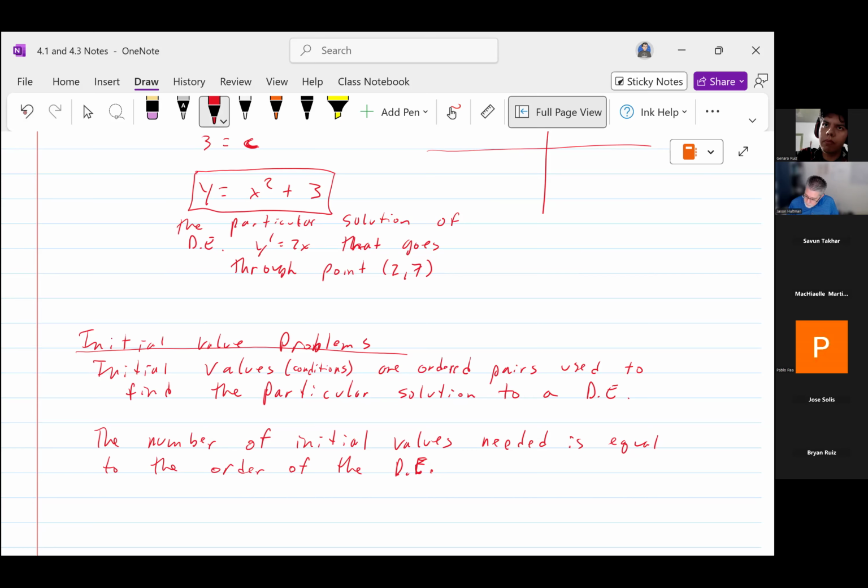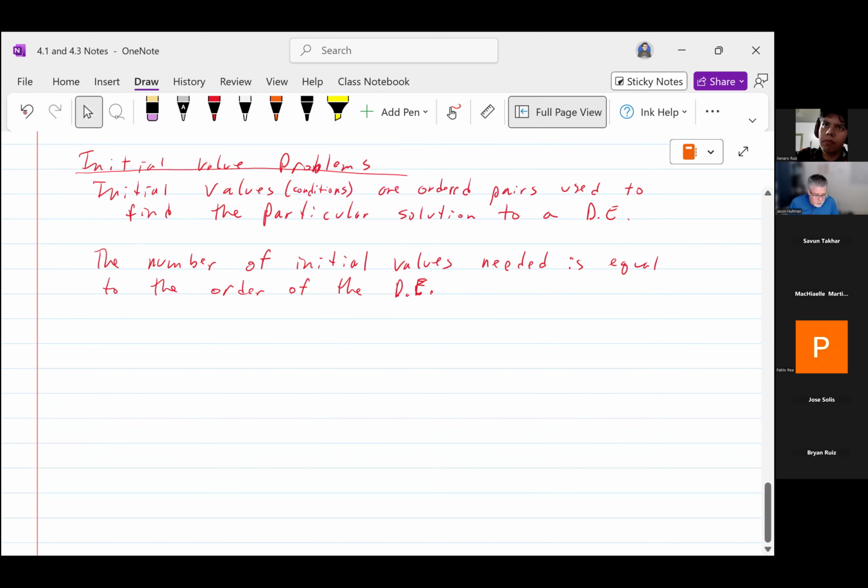So let's look at an initial value problem. Number 4. Find the particular solution to the differential equation y double prime is equal to 6x.